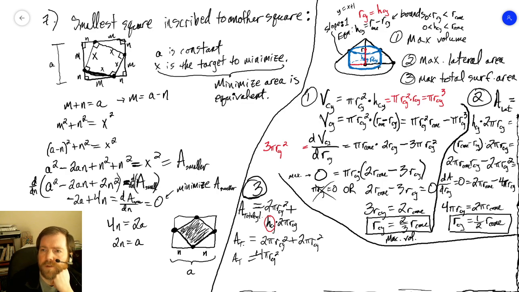That's interesting. This one's going to say that the radius of the cone is half the size of the radius of the cylinder. Or, no. This is giving a single solution. There's only one way to inscribe it.